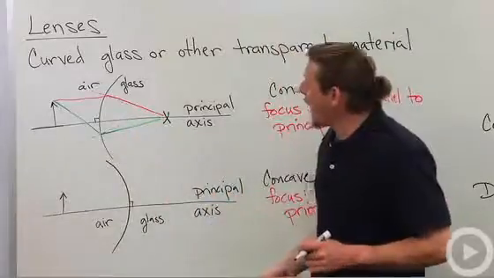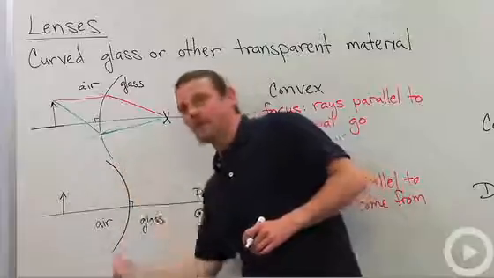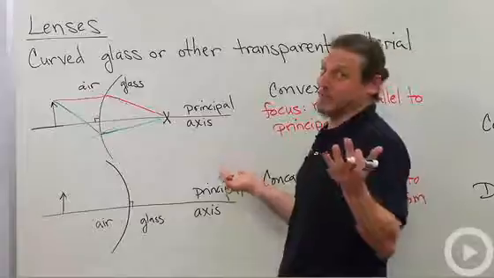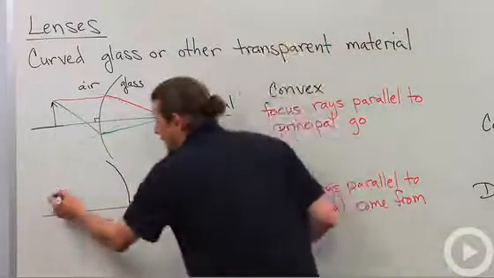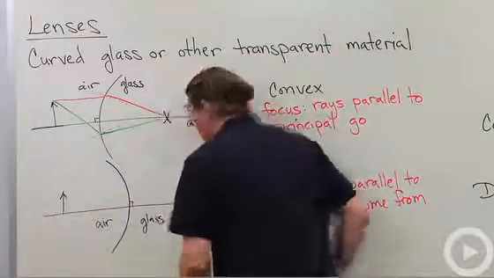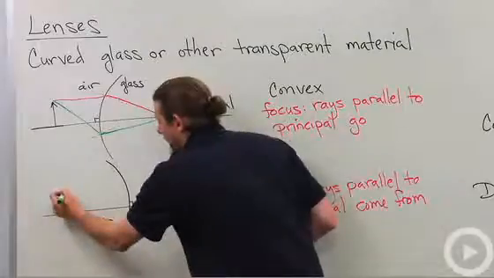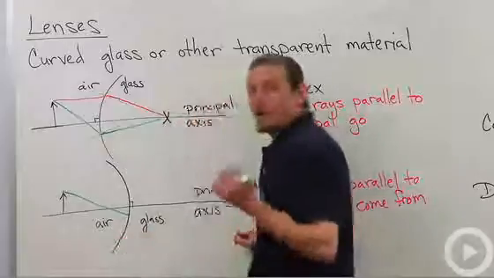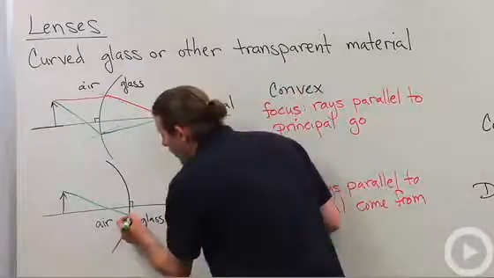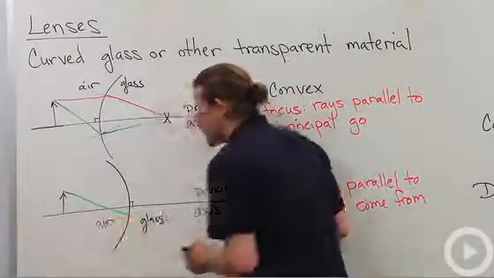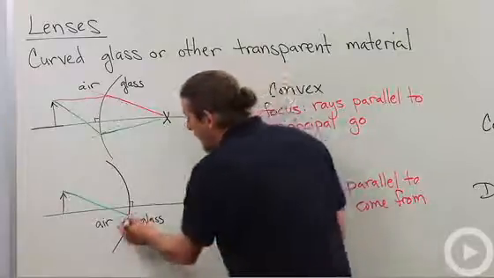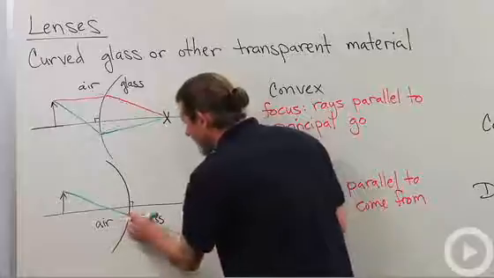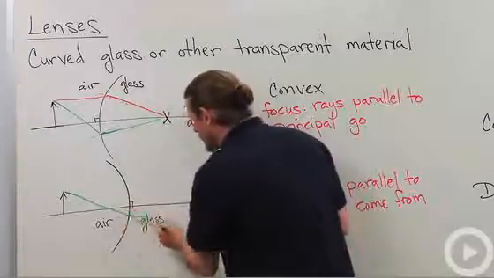All right, what happens if I've got a piece of glass that's like this? Concave. Well, in this case, we're going to do the same thing. So let's go ahead and draw some light rays. Here's one. It's going to come down like this. And then again, we need our normal. Our normal is that way. And again, we bend toward the normal. Just like this.